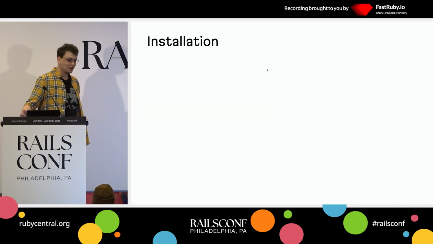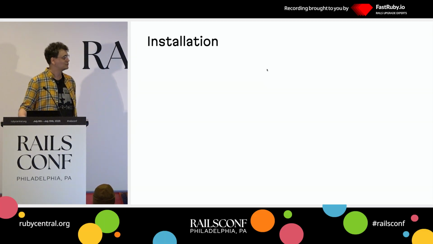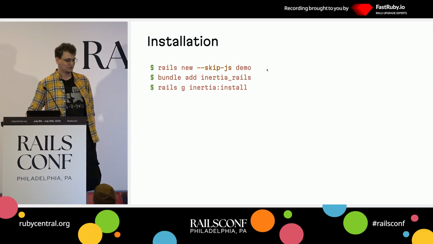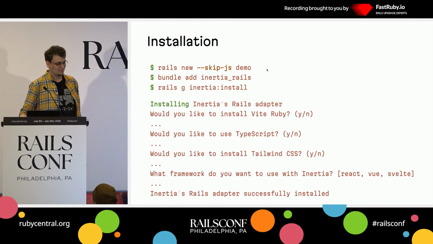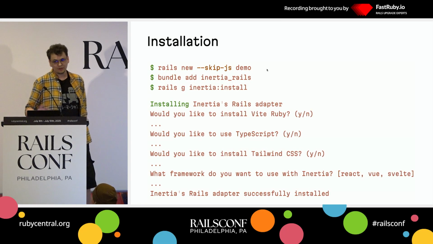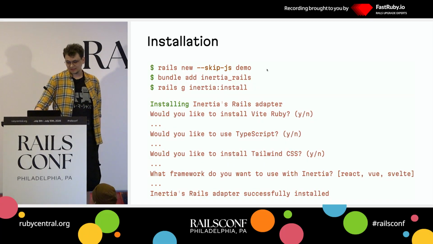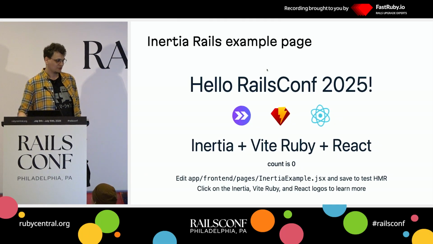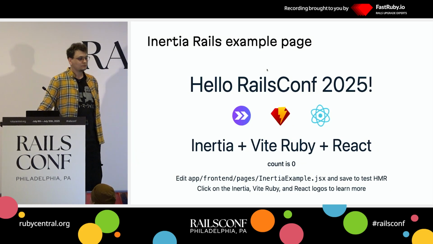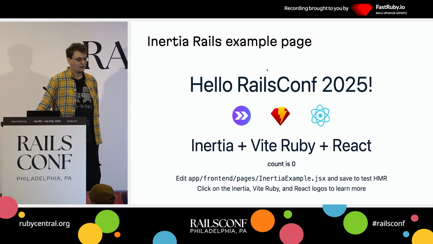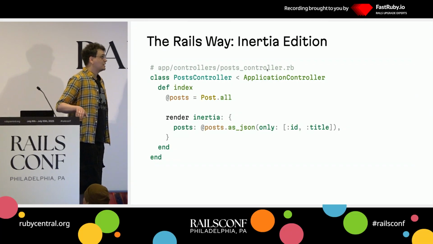To bring Inertia.js back home, to Rails, you can use the Inertia Rails gem and install it with a generator. It will configure everything for you, and in a second, you will see the example page running in React, Vue, or Svelte. And that's just 2 commands.